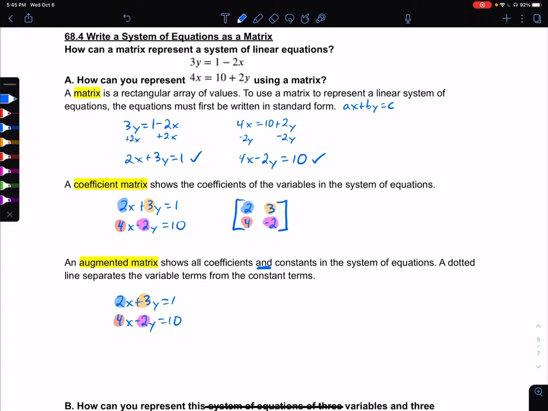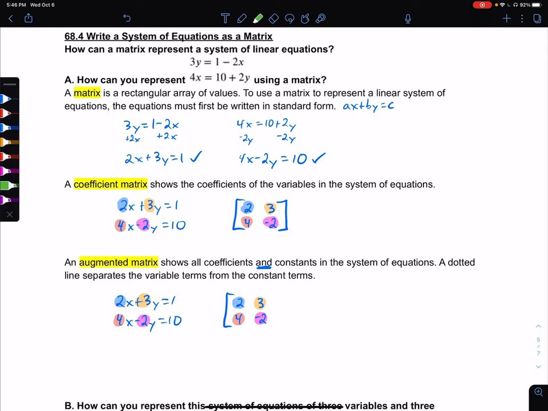In an augmented matrix, we still have our coefficients, so it's still 2, 3, 4, and negative 2. That doesn't change. They come over just as they did before. However, this time we also need the constants, and the constants are separated by a dotted line.